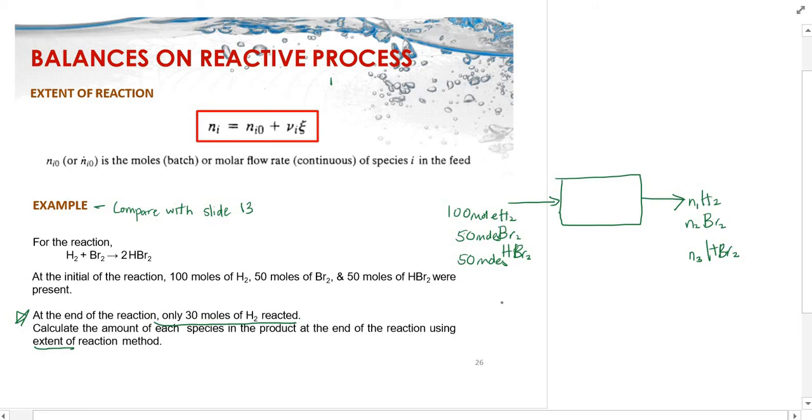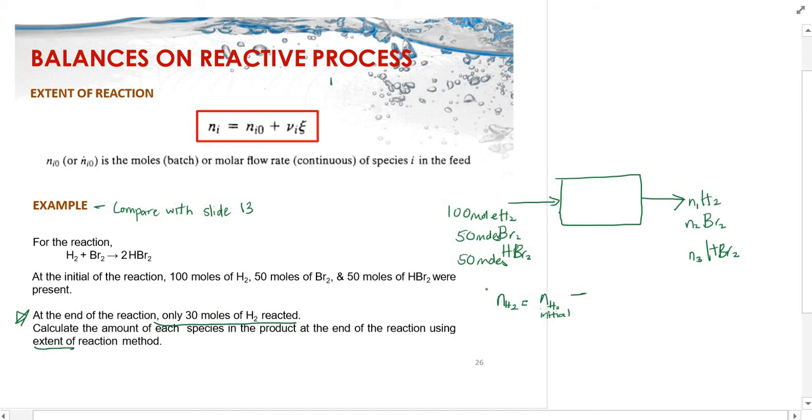For hydrogen, N H2 is equal to N H2 initial, the initial amount of hydrogen. I don't want to write it as O because it looks like H2O, like water, and I don't want you to be confused by the symbol.